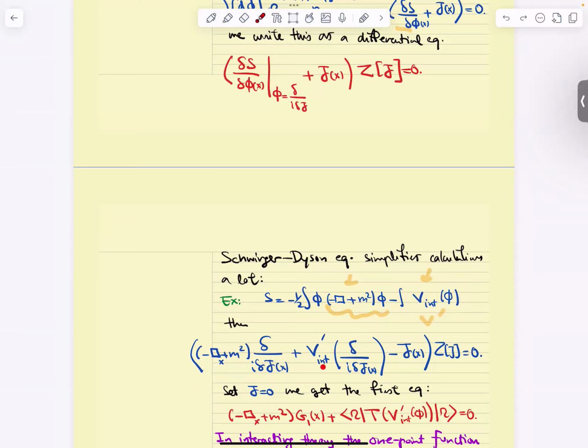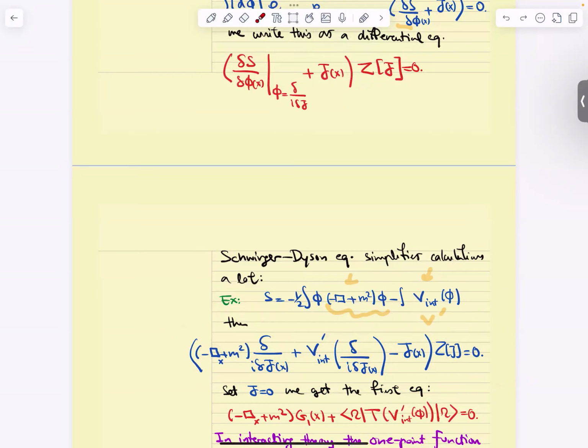That's V prime, and for phi you put del del J. And then finally, I don't know why I have minus and plus. I don't remember my convention. I've probably changed it a million times. So this is the differential equation that the generating function will satisfy in the interacting theory. Good.